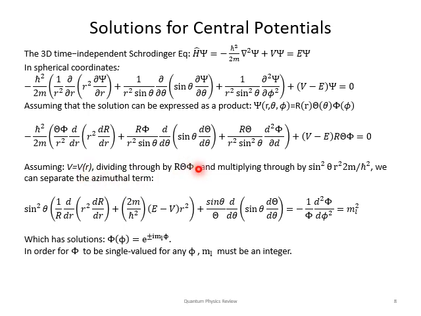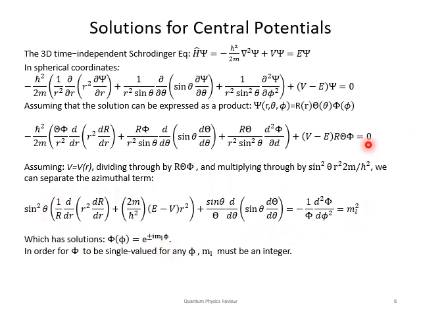And then we're going to go ahead and divide this Schrodinger equation through by the product function r theta phi. And we're going to move the variables around in order to isolate one of the terms, the azimuthal term in this particular case. So basically, these are the operations that we are performing, and our Schrodinger equation becomes this.